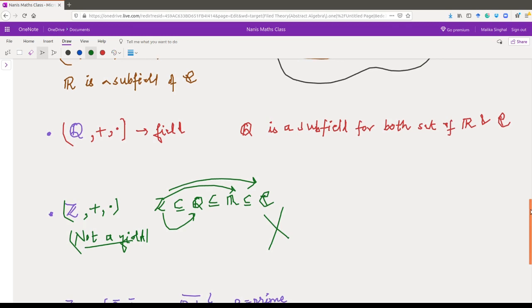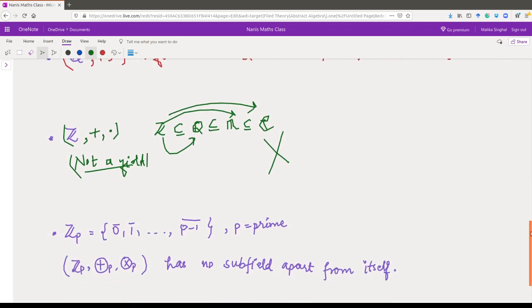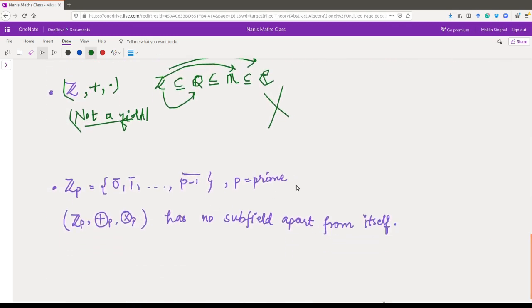Now, let us look at another example. This is the field Z_P where P is prime. This is a set consisting of equivalence classes 0, 1 up to P minus 1. The bar denotes an equivalence class, and the class P minus 1 contains all those elements which when divided by P leave a remainder of P minus 1.